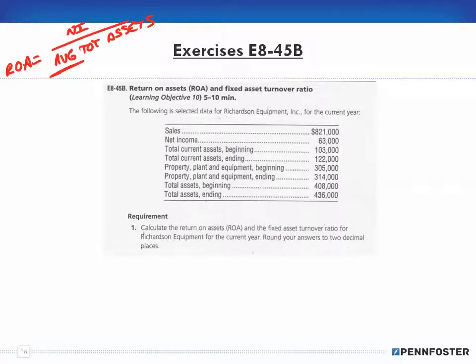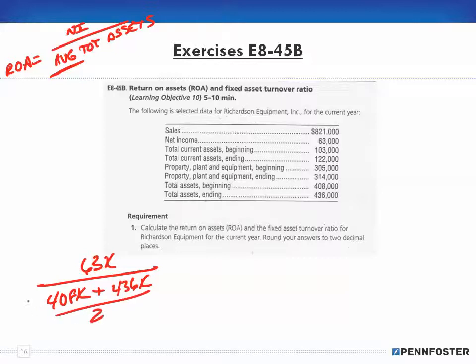So what do we have here? Our net income in this case is 63,000, and our average total assets. So let me see here, total assets. I have 408,000 plus 436,000, and that's all divided by 2.